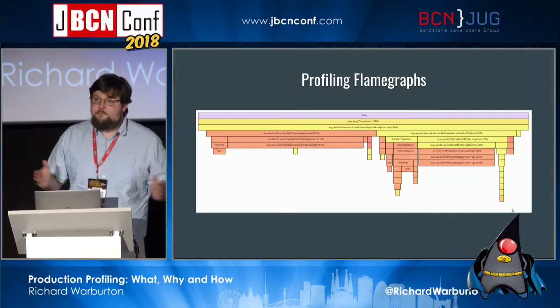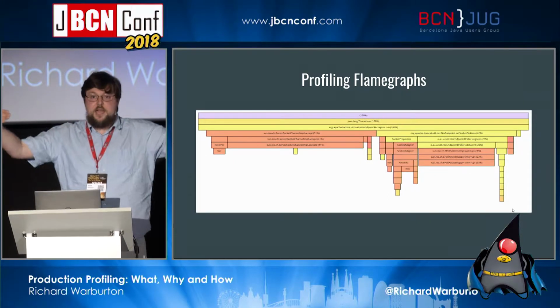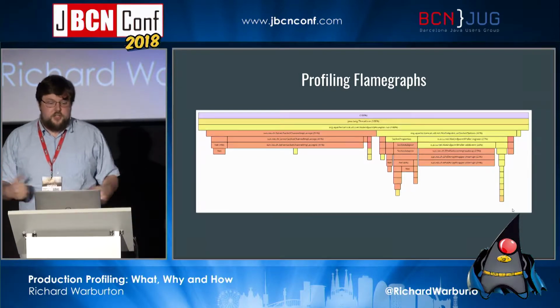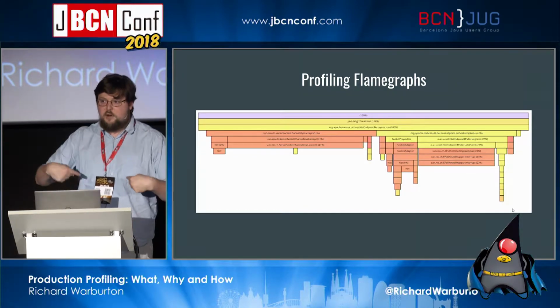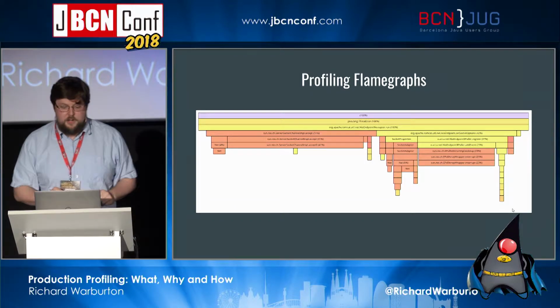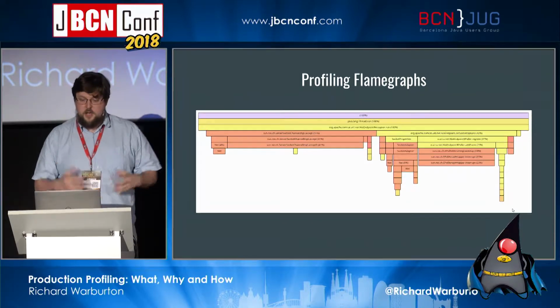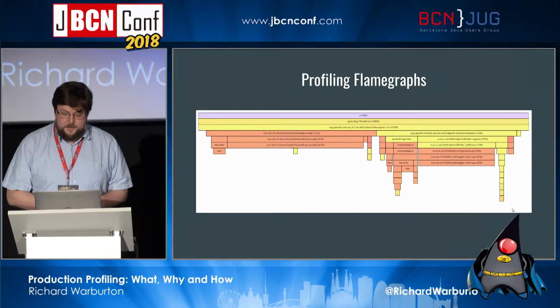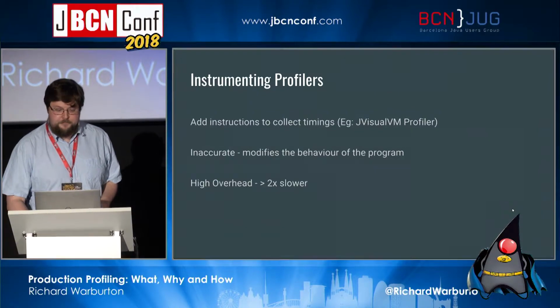How wide the box is within your flame graph indicates how much time that method or its children are using up. So you can see, for example, methods that have big self-time, big amounts of time where they're running code within that method, have wider areas below them. And you can see what's calling what and what the context is of the method that's using time. Pretty cool and pretty useful.